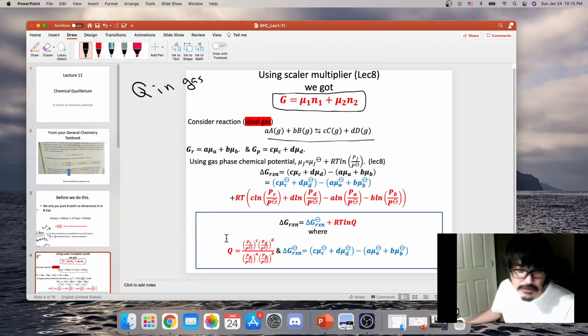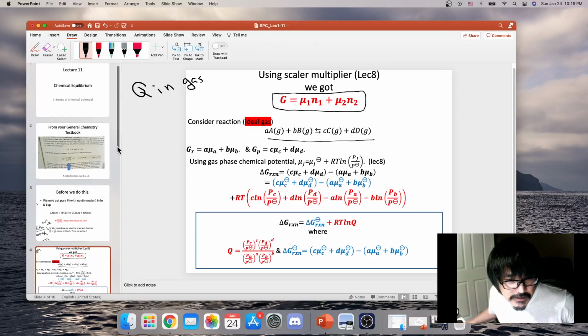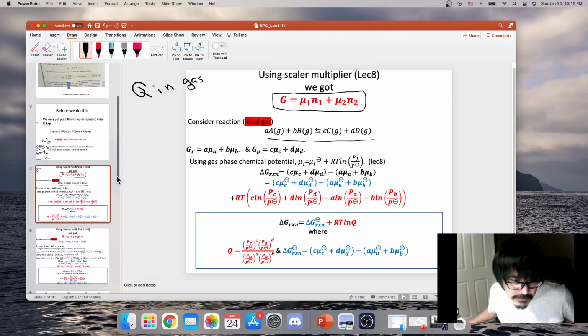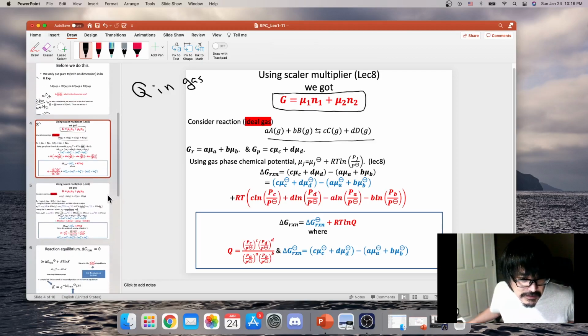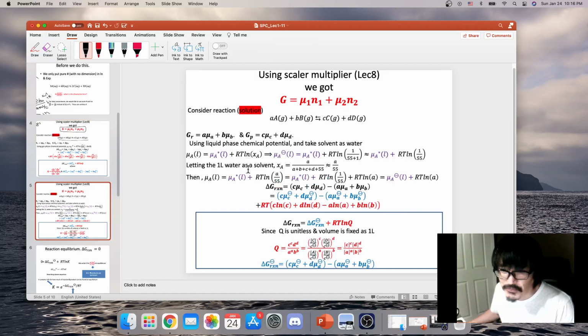Hopefully that wasn't too difficult, because the next one is going to be a little bit more difficult. Gas phase stuff is simple. For the liquid phase, as I looked through the internet, there are interestingly a whole bunch of different ways of doing it, but I think I like mine the best. So let's go with my stuff.